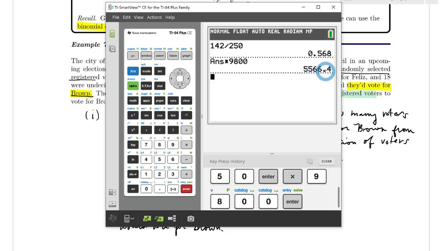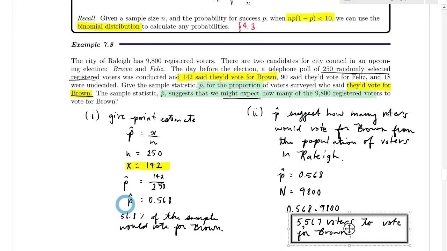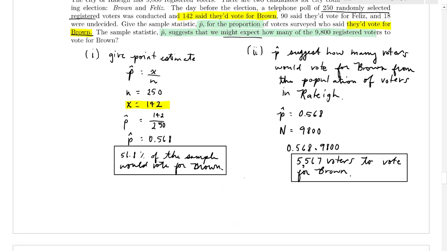If I have 0.4 of a person, most likely I have all of them, so I'm just going to round up to 5,567. So I would expect about 5,567 voters to vote for Brown. So we use the point estimates to be able to predict things about the population.